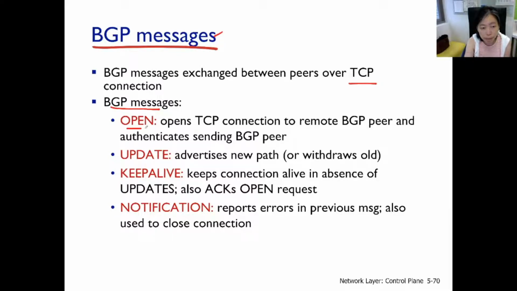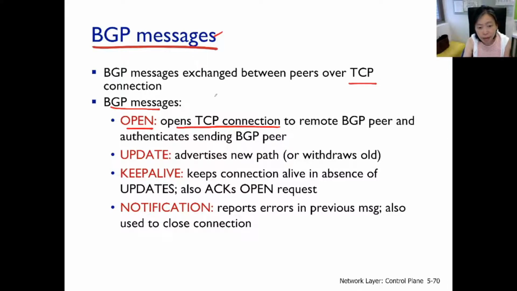The first type is called the open message. The first purpose of it is to establish the TCP connection. The sending peer will be sending an open message to the receiving peer. The receiving peer will be sending back an ACK for that message. As a result, the 2 peers establish a BGP session.